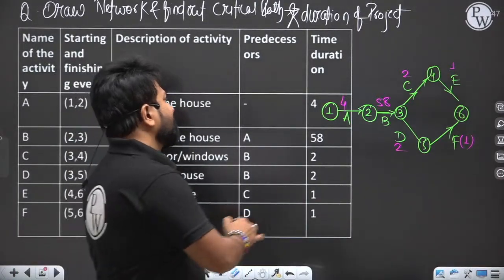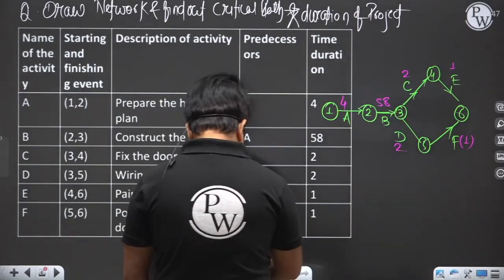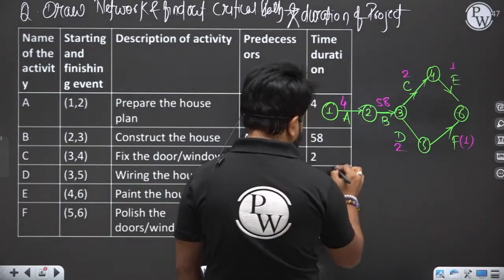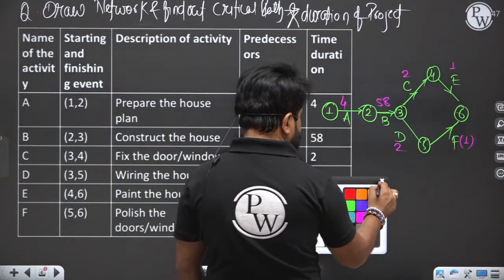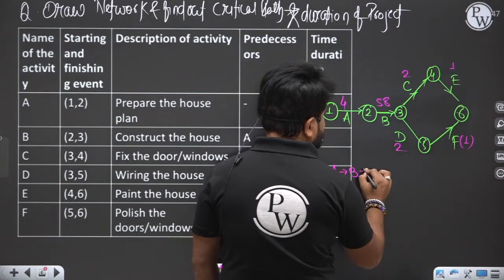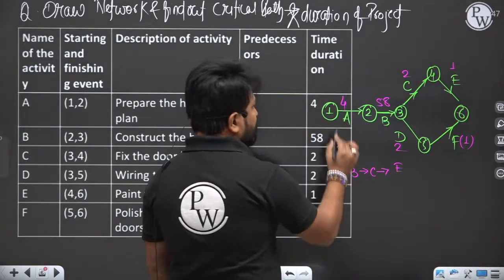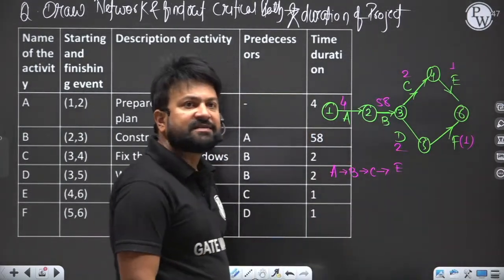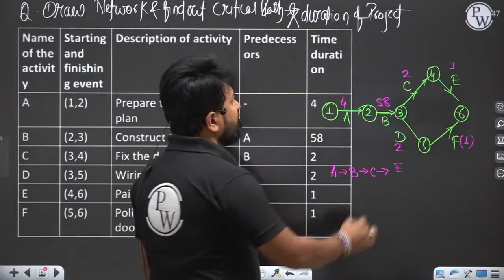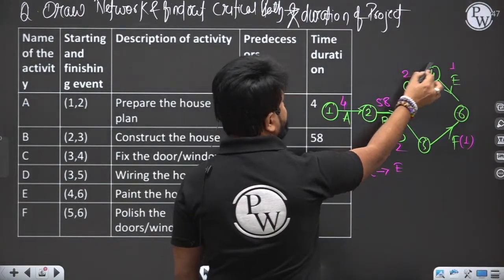You can see 58 from 1, from ABCD. See here, from activity A, then B, then C, and then E. From A to B that is 62, 62 plus 2 is 64, 65.